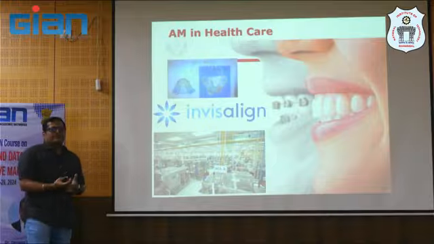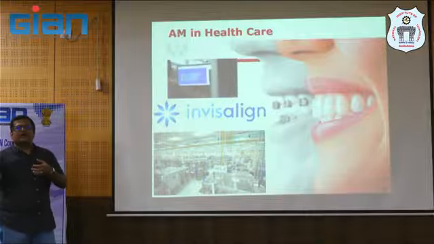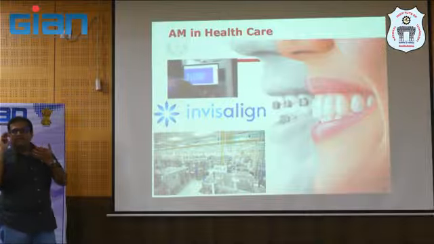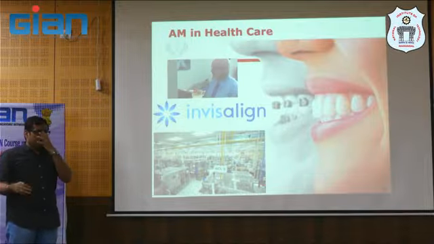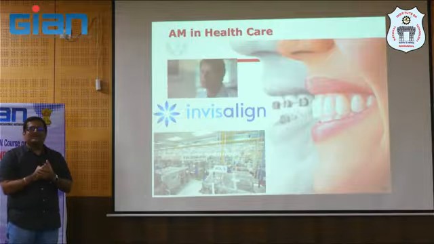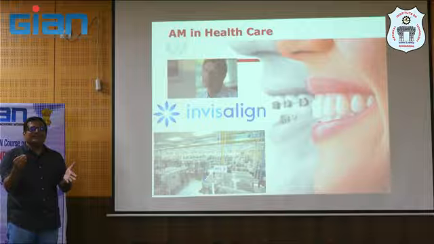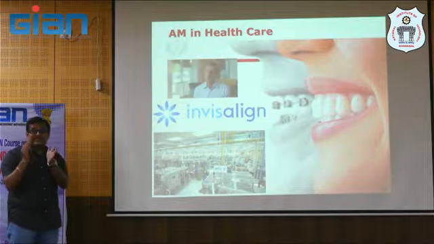So you can even fix an appointment, like nowadays you have 2C, right? They will come with the intraoral scanner. They will scan your teeth, and you need not move from your home. They will come to you, scan with the intraoral scanner, take that data, and make this kind of aligner. That's the first sitting.